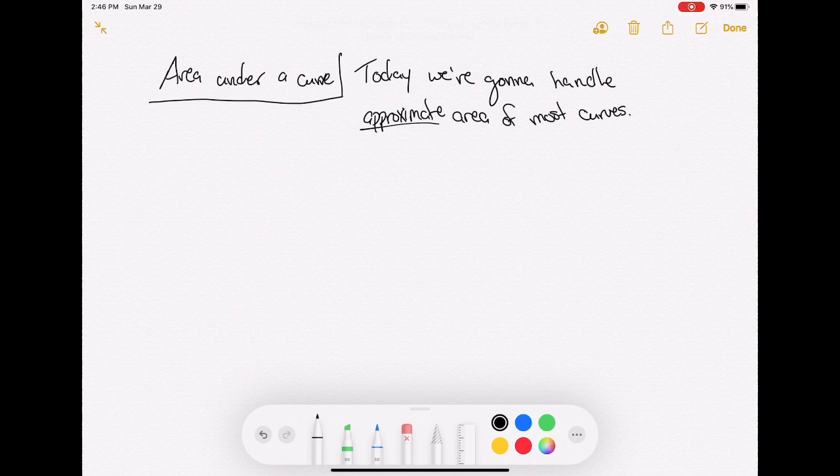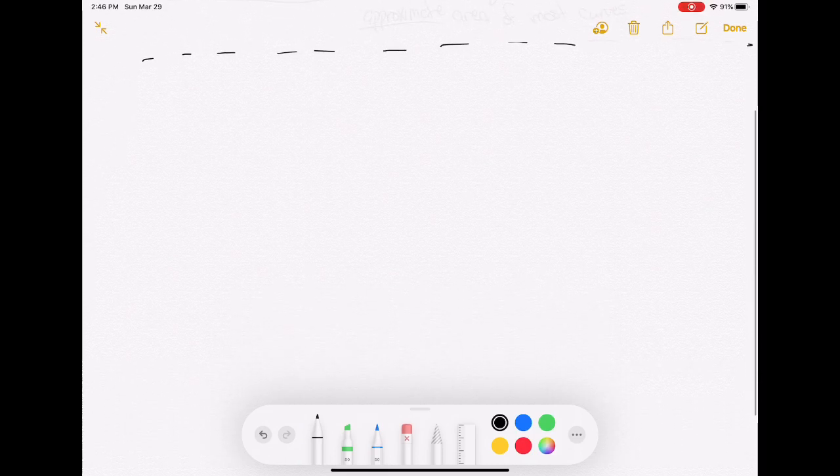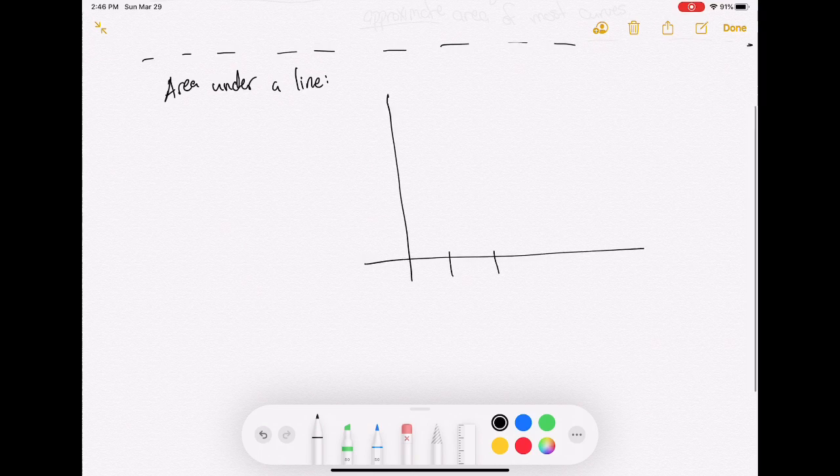So let's just talk about some curves, finding the area of an example curve. So let's look at the area under a line. And this shouldn't be too bad for you guys. I'm going to zoom into the first quadrant here, and let's just grab 2 points.